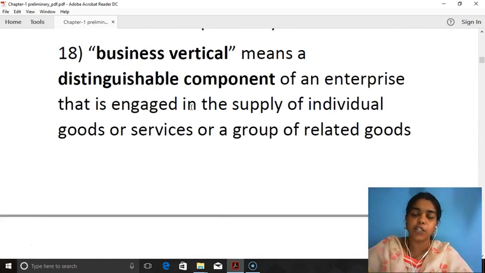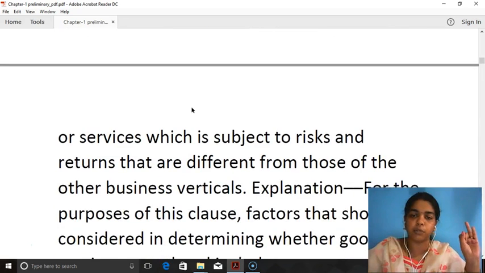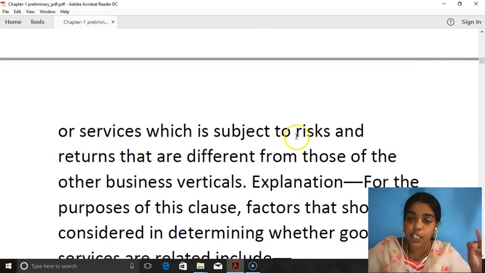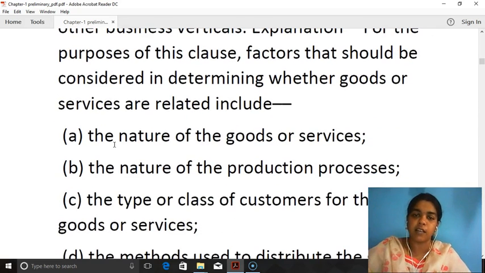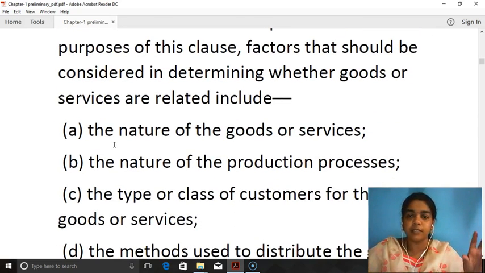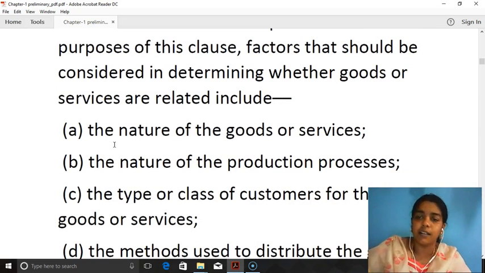It is a distinguishable component of an enterprise. Point number one, engaged in the supply of goods or services. Point number two, which is subject to risk and returns that are different from the other business vertical. The risk and return of one business vertical should be different from the risk and return of the other business vertical. So there must be some factors to determine whether it is a separate business vertical or not.